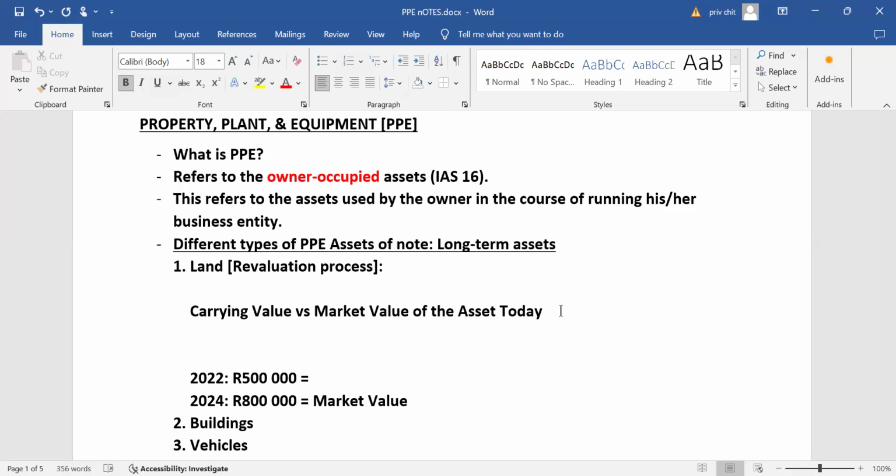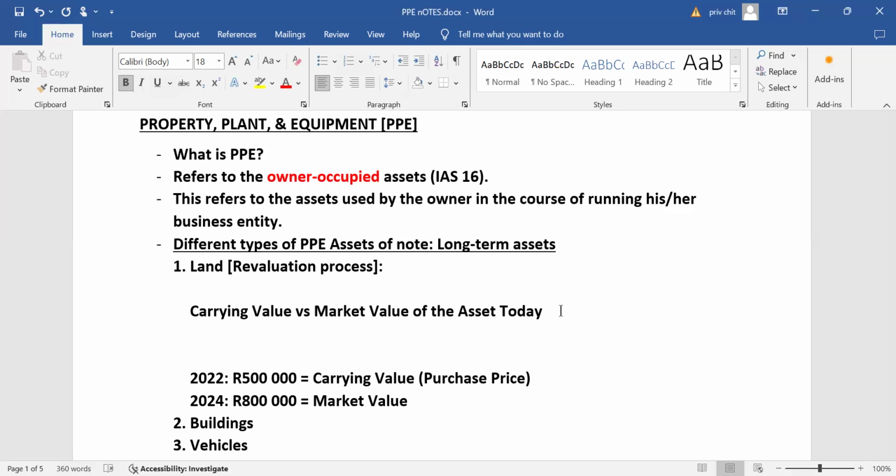The 500,000 is more or less equivalent to the carrying value of the asset as we're looking at it from the date when the property was acquired, or the purchase price in this case, to be more precise. Right.